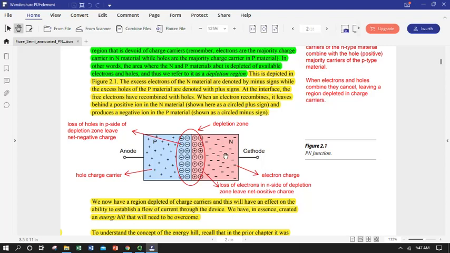And so the negative signs in our pink N-type material represent those charge carriers that are supplied by the dopant, the majority charge carriers. So there's all kinds of electron charge carriers in the N, and there's all kinds of holes in the P given by the dopant, ready to carry charge.